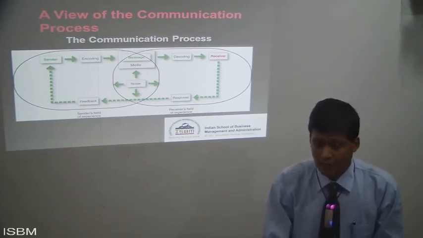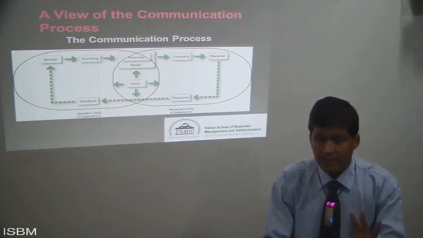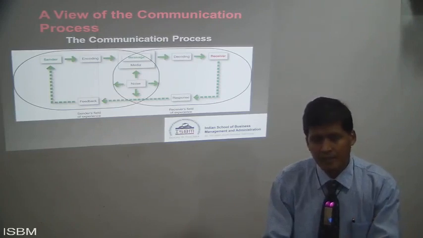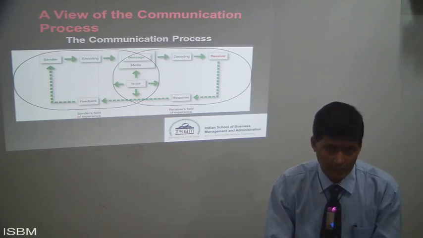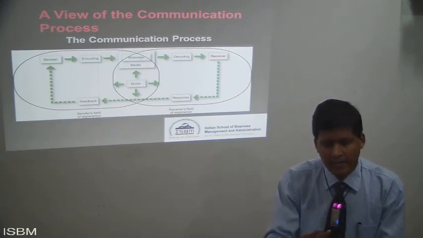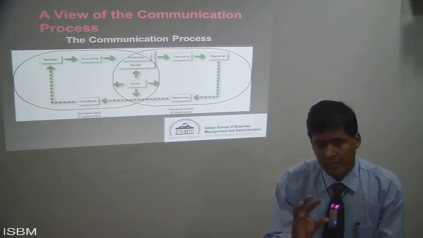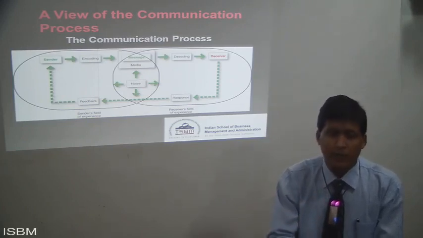And let me tell you, friends, this is a very important flow chart. I repeat once again, left hand side is the sender's field of experience, right hand side is the receiver's field of experience. Now the point is, when a sender gives information, it needs to be encoded well. You see the middle overlap.